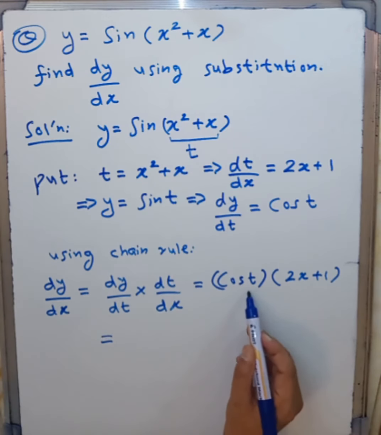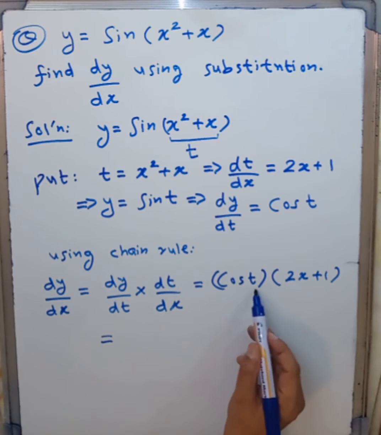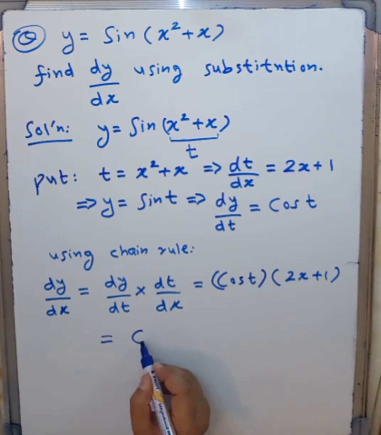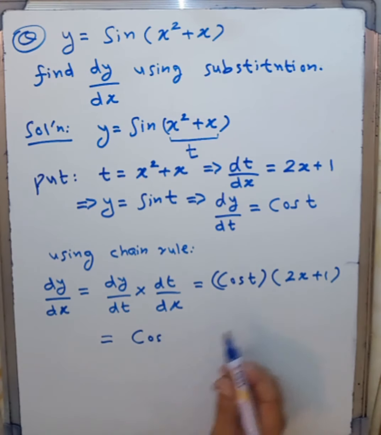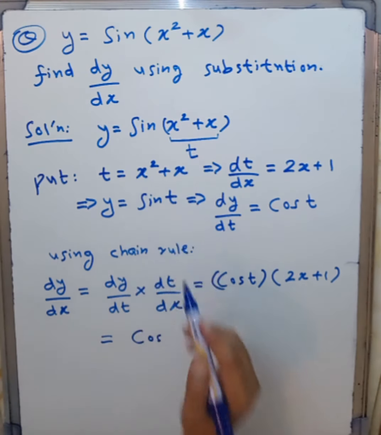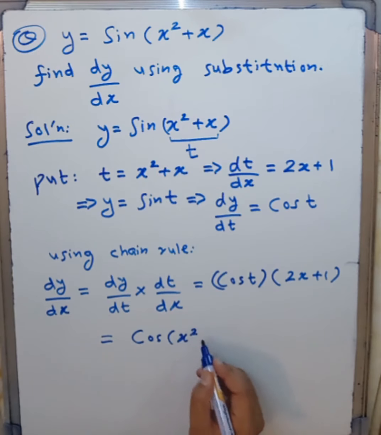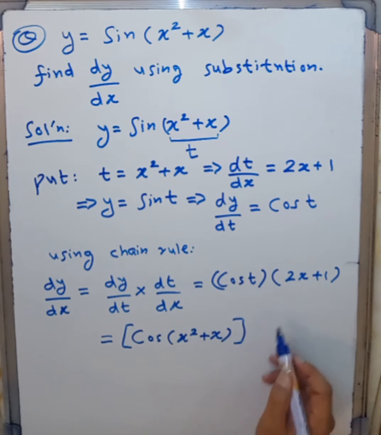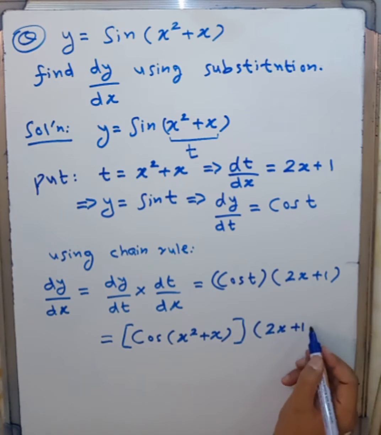So here t we will replace by x square plus x. So the final answer will be cosine of x square plus x multiplied by 2x plus 1.